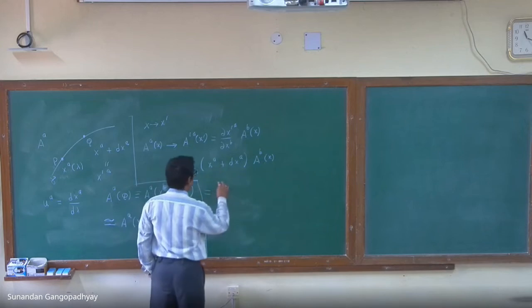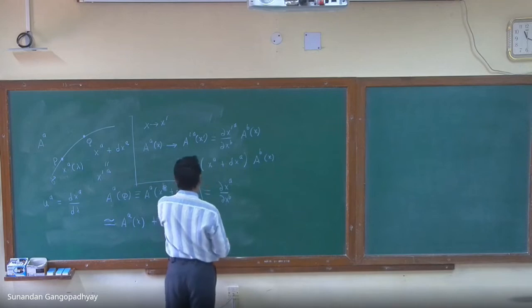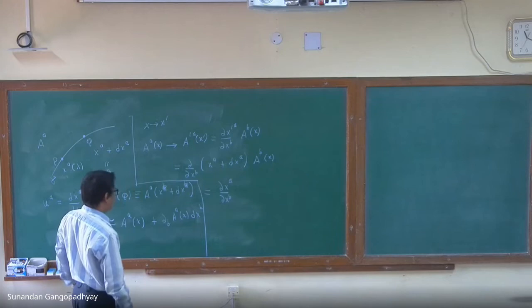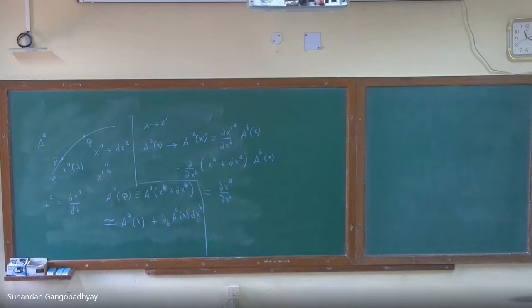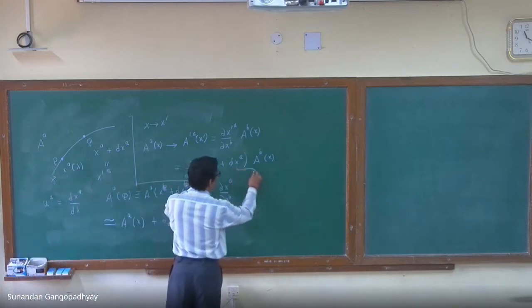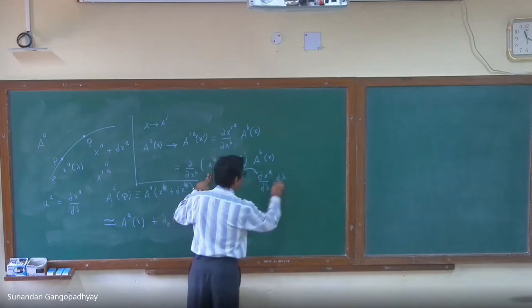The first term is del x^a by del x^b, and the second term we can write as dx^a by d lambda, times d lambda.